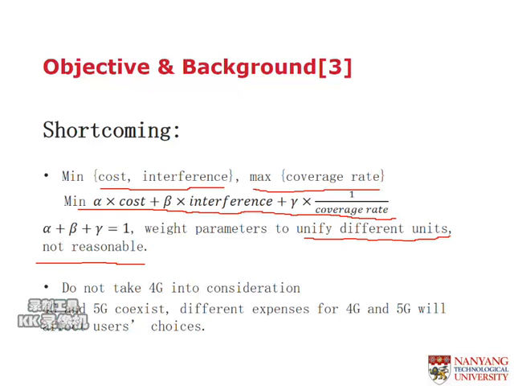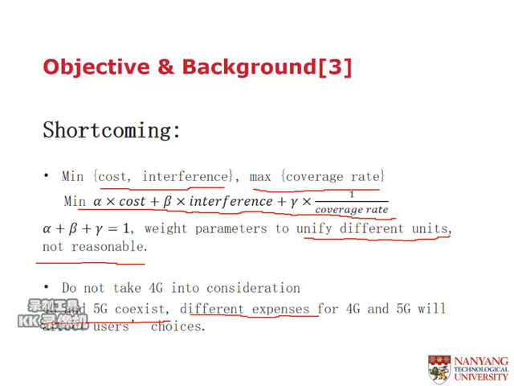When it comes to 5G, 4G will not be shut down immediately, so there will be a period when 4G and 5G coexist, which means some users would continue using 4G and some others would choose 5G because of different expenses.